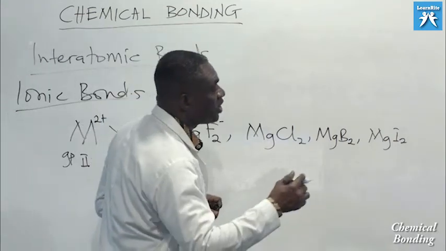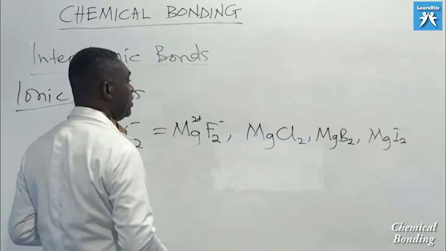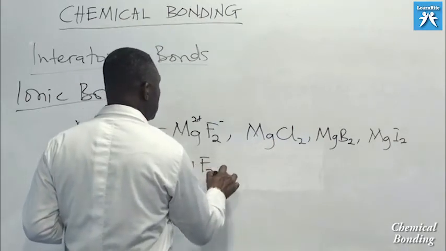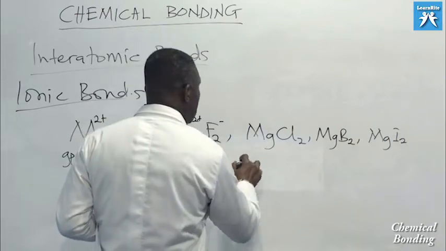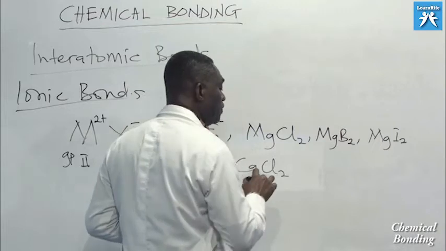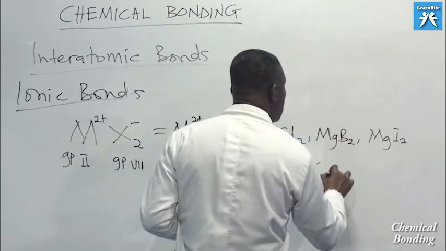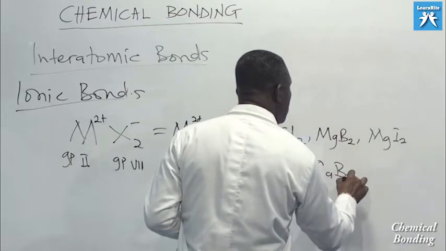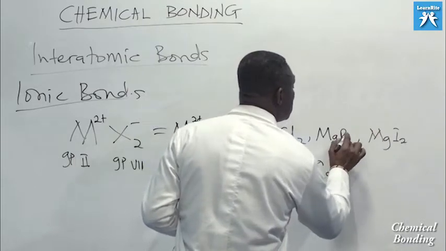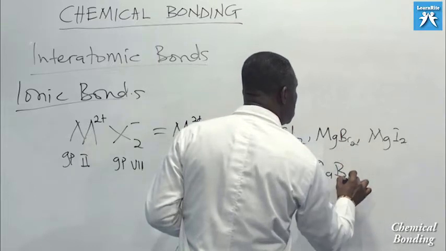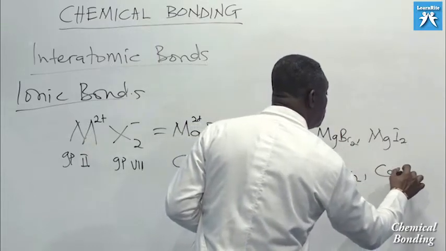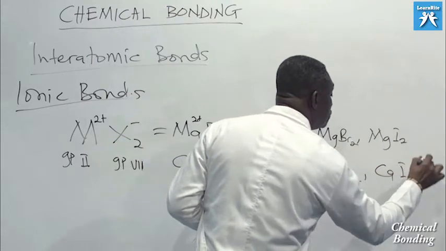Then I can go to the next element in group 2, calcium fluoride, has to be 2. Calcium chloride, it will have to be 2. Calcium bromide, bromine has to be 2. Sorry, this one is bromide, so Br2, and then calcium iodide 2.